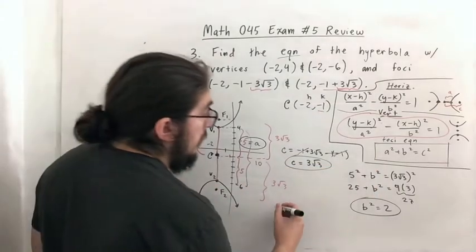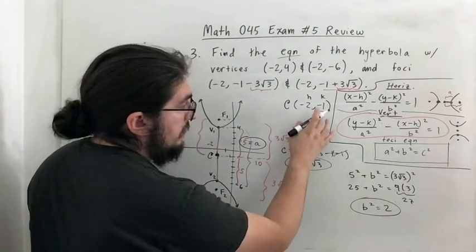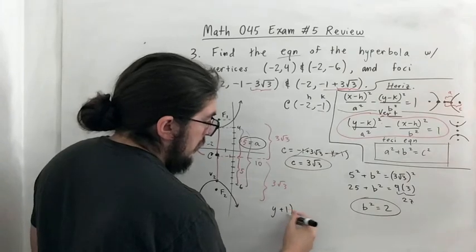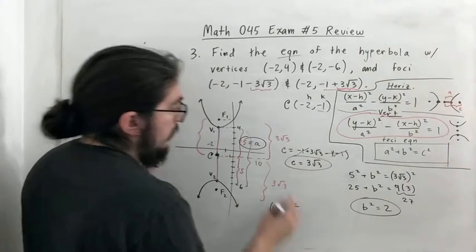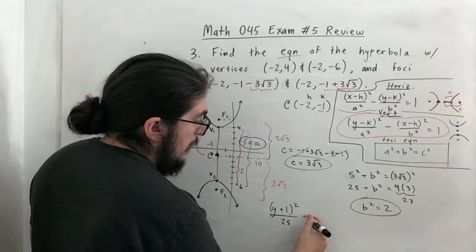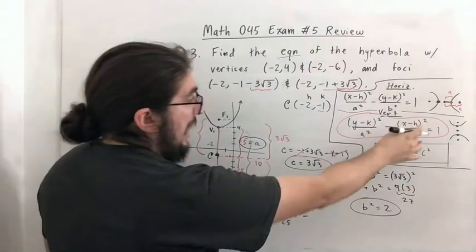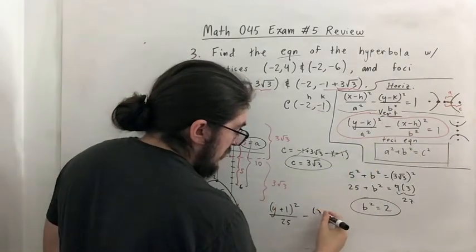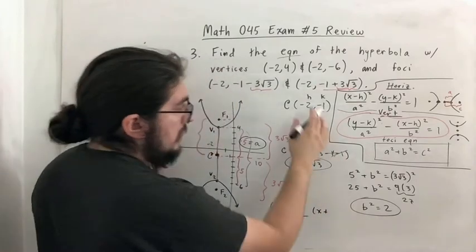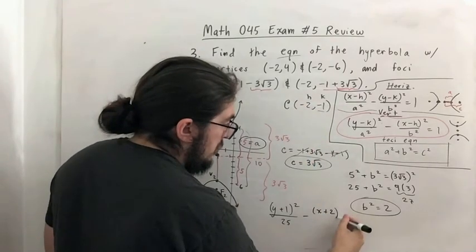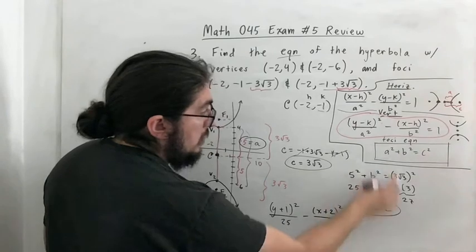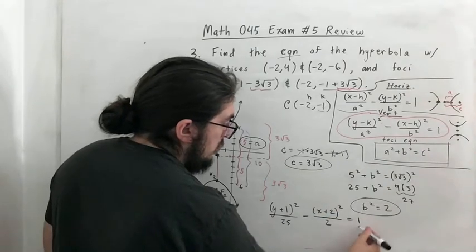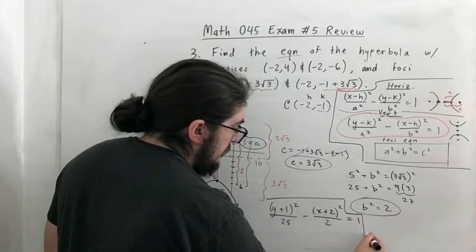So altogether, we have y minus negative 1, which is y plus 1, double negative, right? Over a squared, that's 5 squared, that's 25, minus, because it's a hyperbola, x minus h, x minus negative 2 is x plus 2, there we go, squared, over b squared, which is 2, equals 1, and that is our answer.